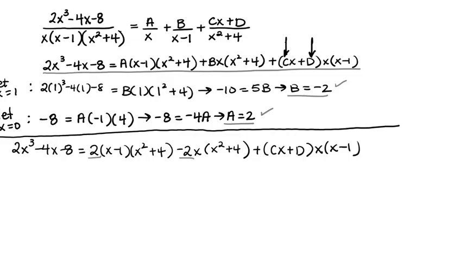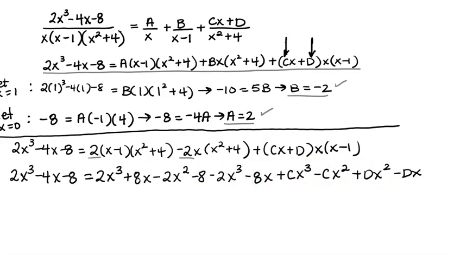So I'm not going to work through all of it, but I do want you all to take a second and actually FOIL all of this out in here, distribute this in here, combine, distribute in there. This you would need to multiply together first, probably to get x squared minus x, and then you would FOIL that with the cx plus d. So take a second and work through that algebra and see if you get the same thing that I got.